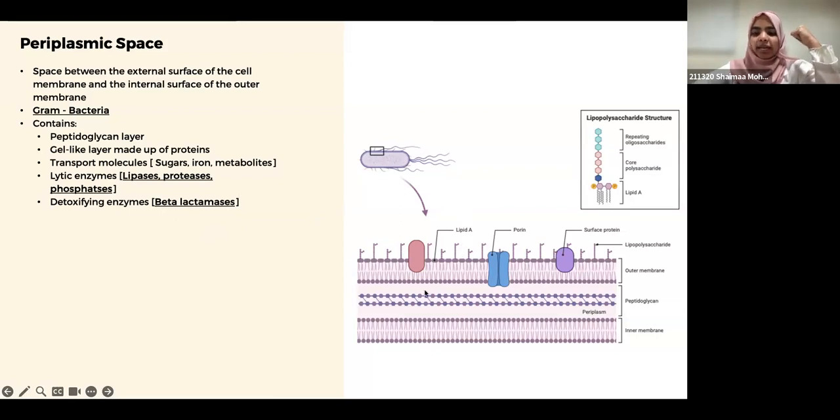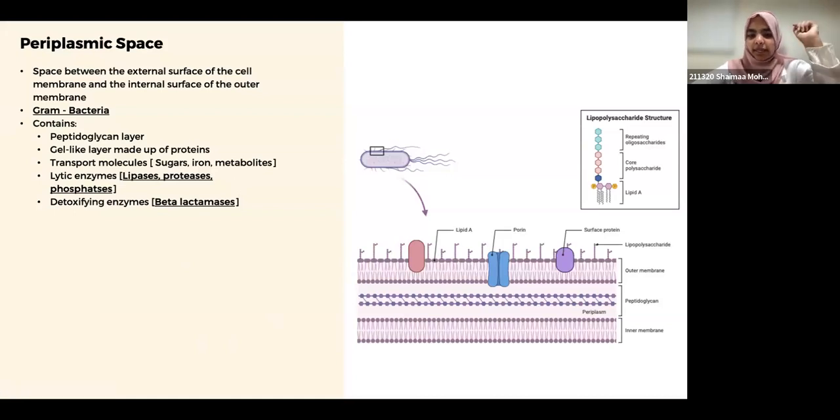So if you have enzymes that can detoxify them, beta-lactamases, it's going to make the bacteria resistant to these beta-lactams, right? And this is a question outside this lecture: if you have beta-lactamases, what can you do to help the beta-lactams still kill these bacteria?